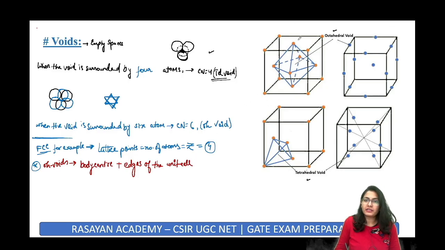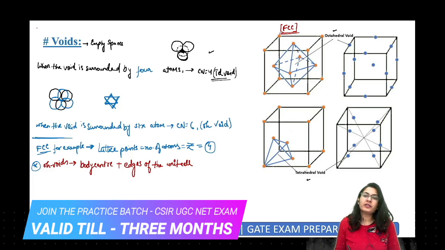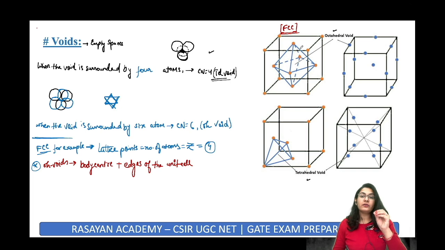For example, this is our normal FCC lattice. ये हमारा FCC lattice है. Okay, where we are having the lattice points at the corners as well as all the face centers. So when you see कि सारे face centers को हमने मिला दिया, this is one face center, this is another one, this is front face, this is bottom face, right face and the back face.